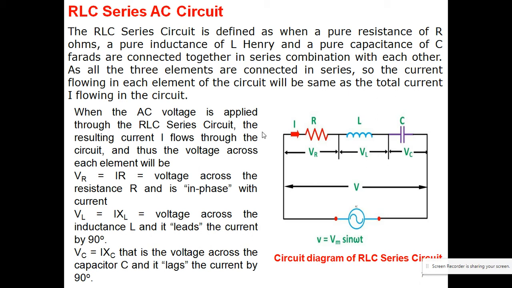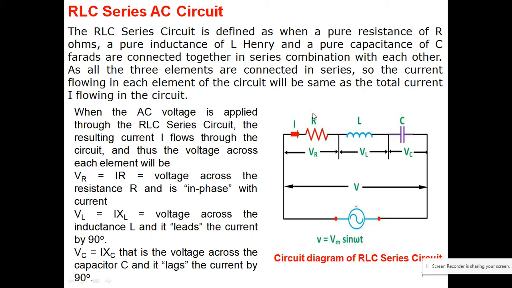As all these elements are connected in series, the current flowing through each component R, L, and C will be equal. So IR equals IL equals IC, and these are equal to I. These are the voltage drops VR, VL, and VC, and this is our applied voltage.